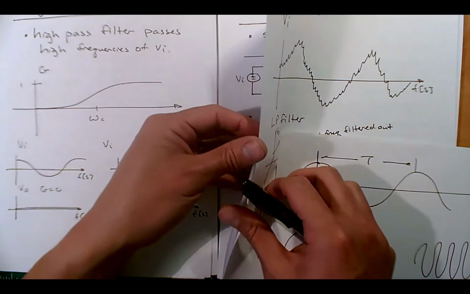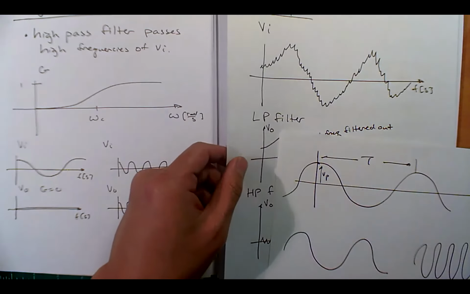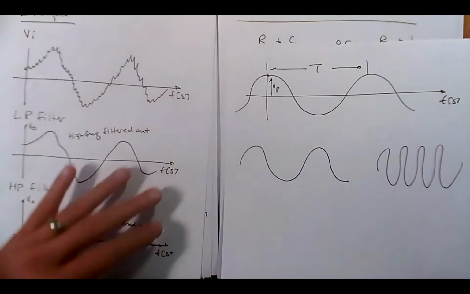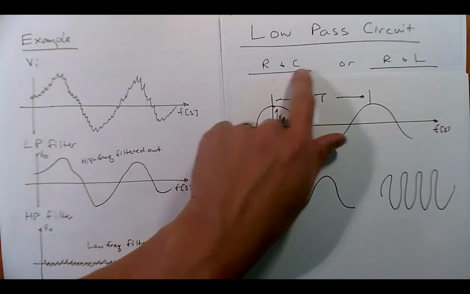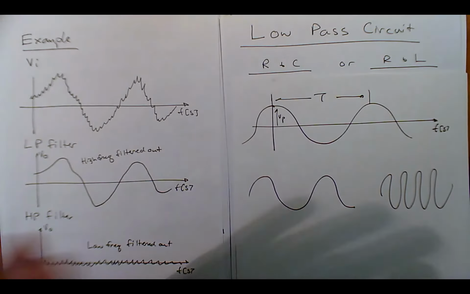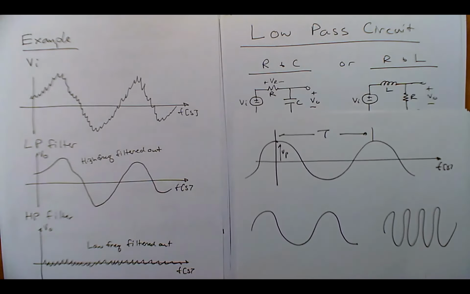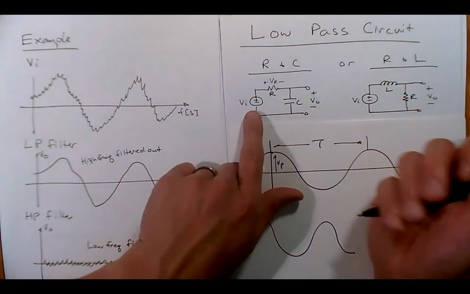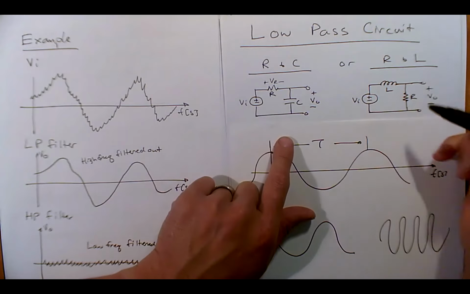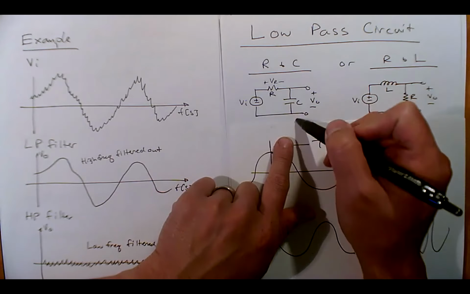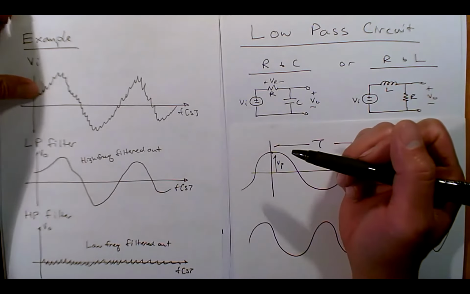Okay. If we want to look at a circuit of a low pass and high pass filter, there are actually two flavors. One you can make with an RC, one you can make with an RL, and they behave exactly the same way. In both cases, you have a VI and a V out, and imagine the G is this part or this part, just like we showed in the first slide.